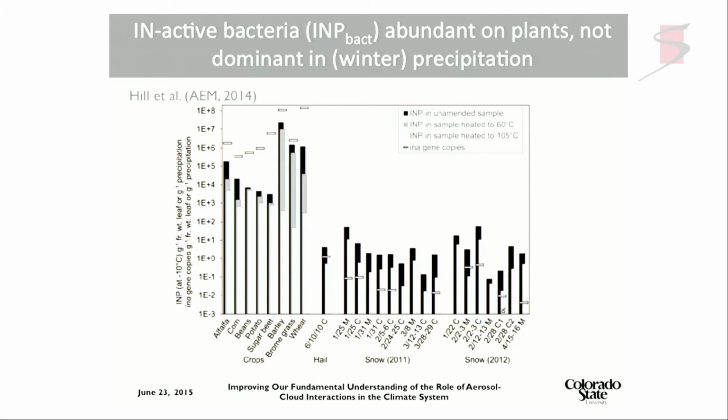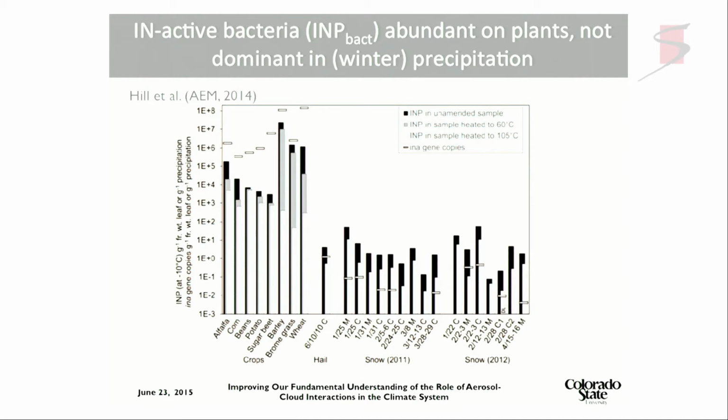There's a vast amount of literature and a lot of people in biological sciences involved in looking at ice nucleating bacteria. These are some of the most active things on Earth to make ice potentially in clouds. But what Tom Hill has done in our group, he's a microbiologist, and he's developed quantitative PCR tests to actually enumerate the biological ice nucleating particles.